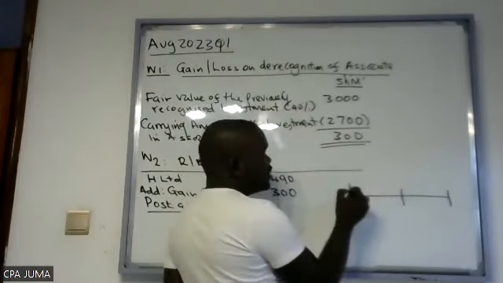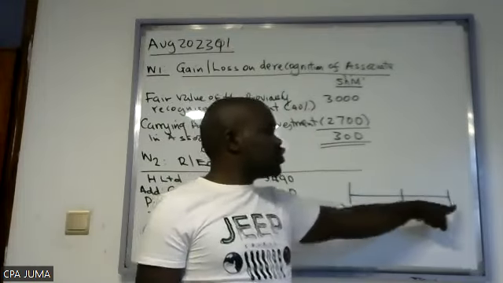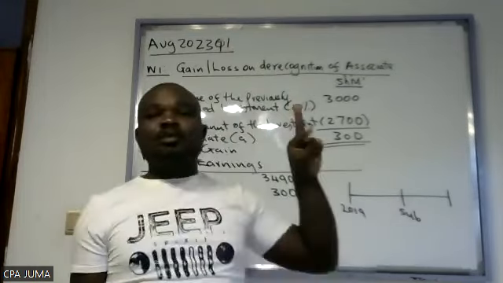So it was an associate here, then it became a subsidiary somewhere there. To get the post-acquisition, you will check when it was an associate, 40% from acquisition up to here, then when it was a subsidiary from here to here. So when there is a step post-acquisition, you will divide it into 2.